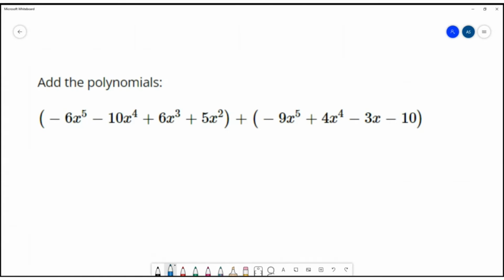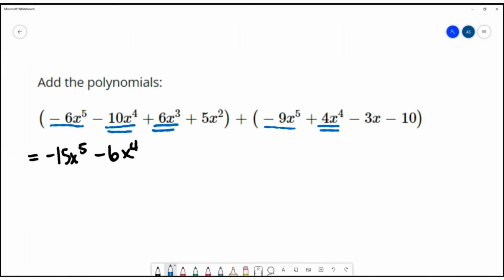So I notice that I've got negative 6x to the 5th and negative 9x to the 5th. These are like terms, I'll be able to combine those together. That will become negative 15x to the 5th. I also have 2 terms with the variable x to the 4th power, negative 10x to the 4th plus 4x to the 4th combined together to be negative 6x to the 4th.